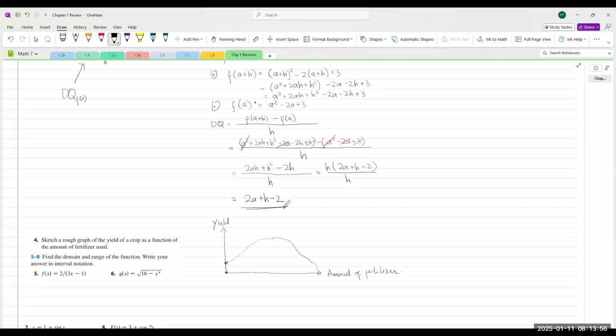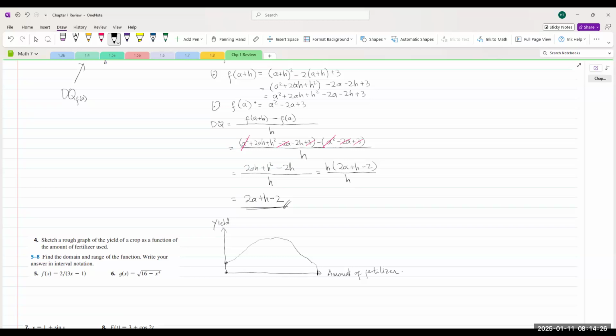What I did here is based on the assumption that even if we don't use any fertilizer, there's a chance that we'll still gain some yield. But we put fertilizer to increase the yield. If we put too much fertilizer, it will negatively affect the yield, and if it's way too much, it will kill the crop instead.